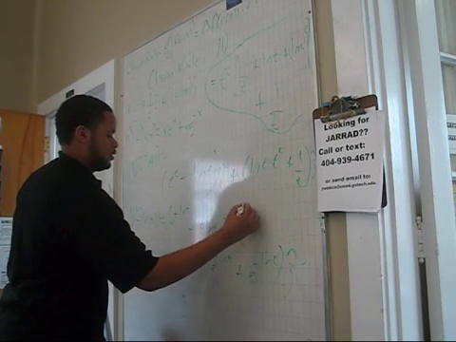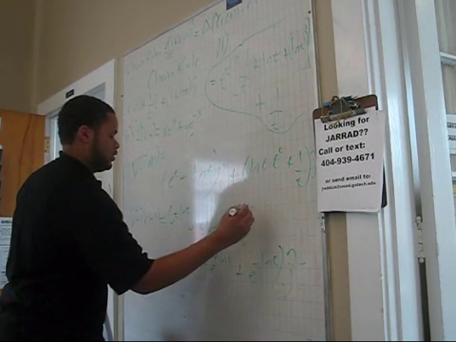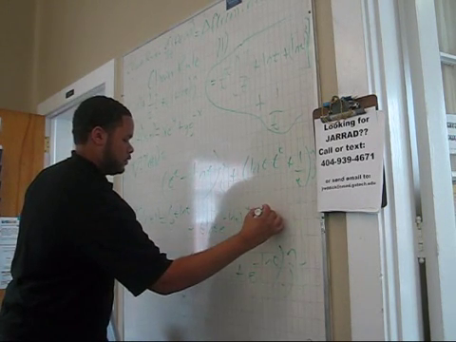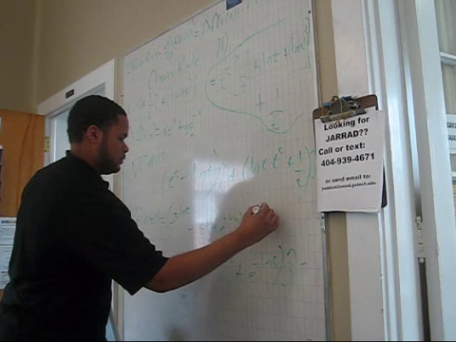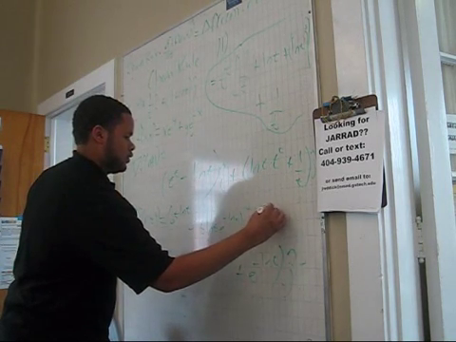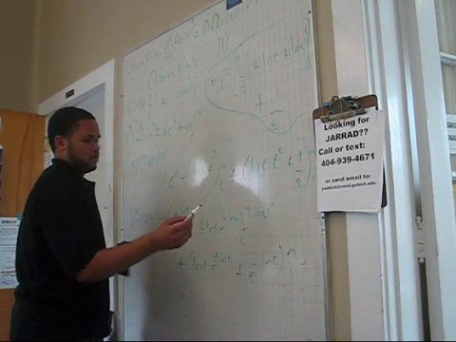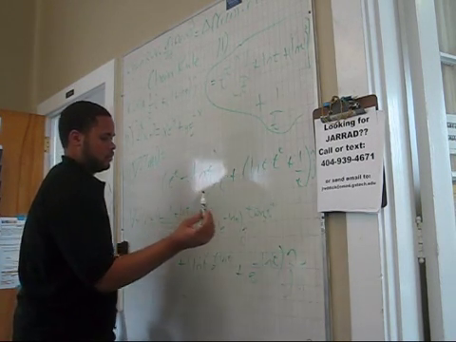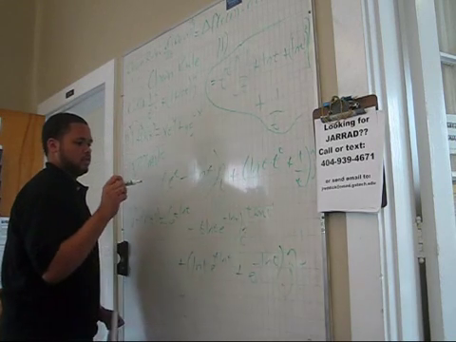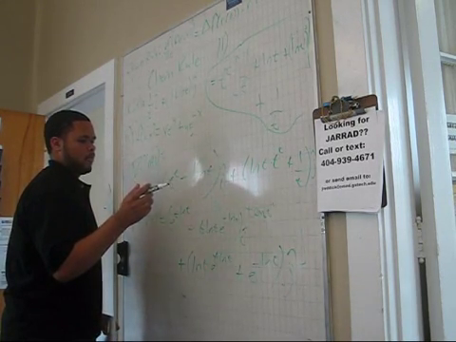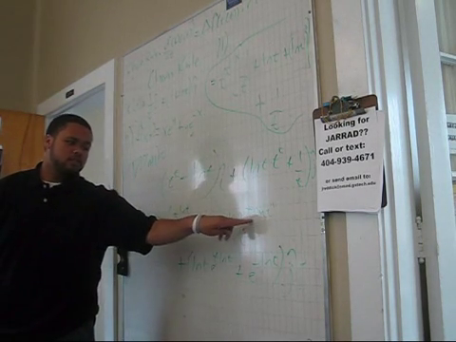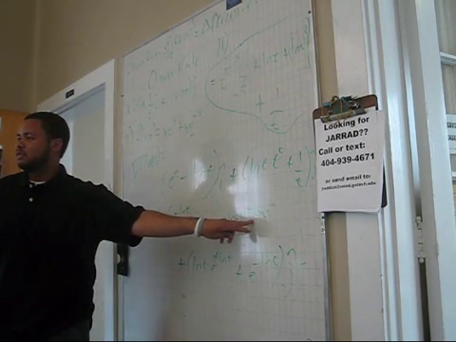So you end up with t to the natural log t to the minus 1. Then it's like 1 over t times t, which is just 1.